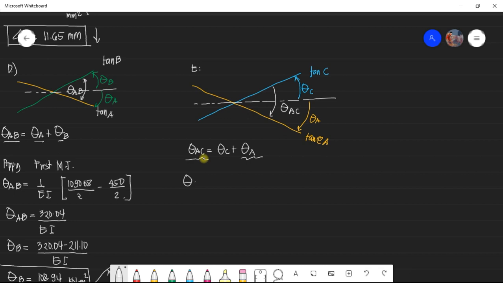The change in slope from A to C is equal to 1 over EI times the areas. Which theorem is this? Theorem number 1.